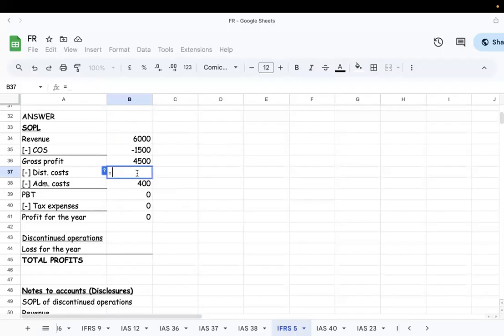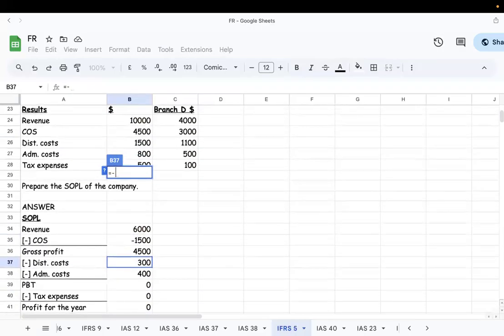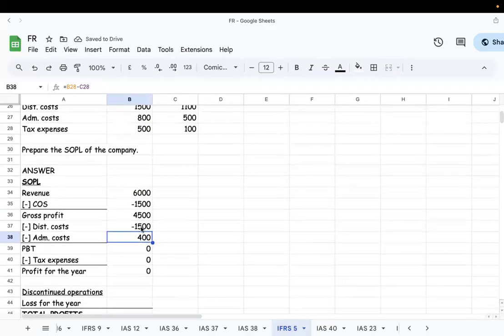4,500, this also we're going to make a minus value of this minus this. 1,500. Is it 1,500 though?